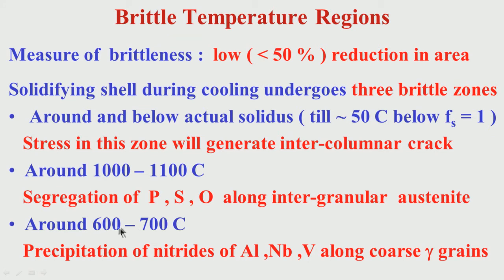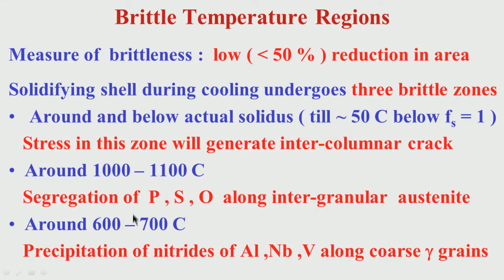So, at this particular temperature, because of the formation of these nitrides at the coarse austenite grains, certain chemistries are relatively more prone to brittleness, around the so called peritectic grades, around 0.1% carbon, or the 304 stainless steel, which has a ratio of nickel equivalent by chromium equivalent around 0.55. So, those chemistries are prone to this brittleness around 600 to 700 degrees centigrade.